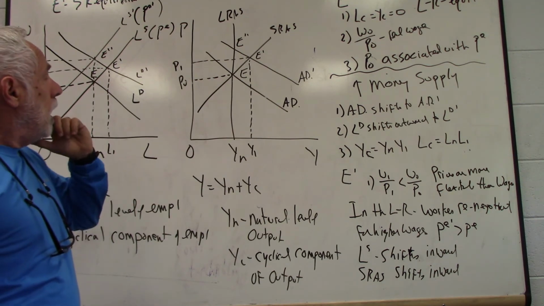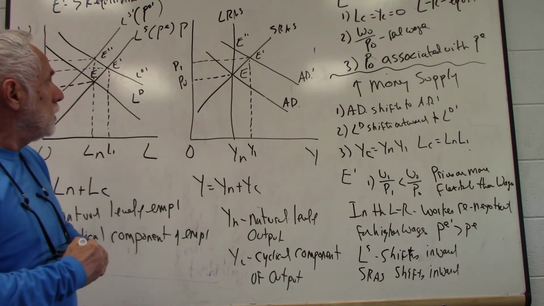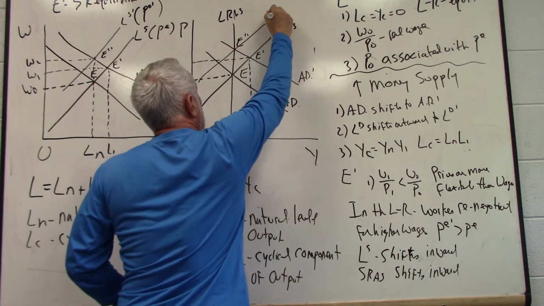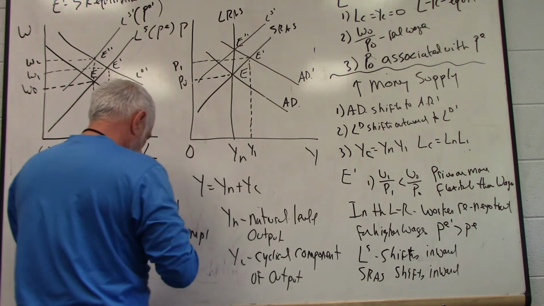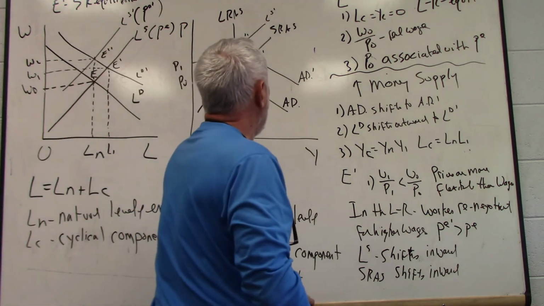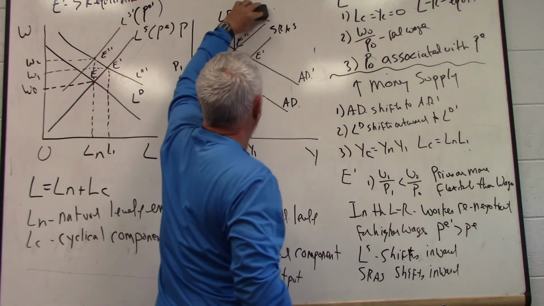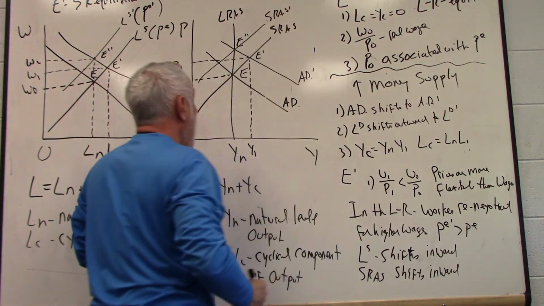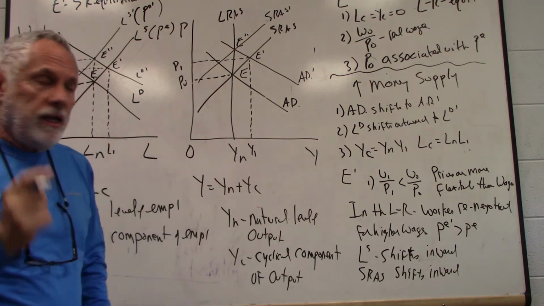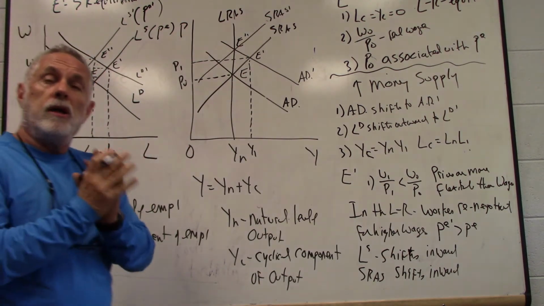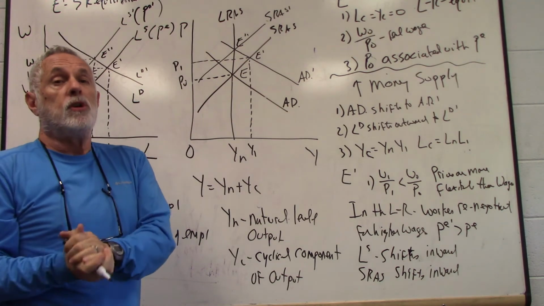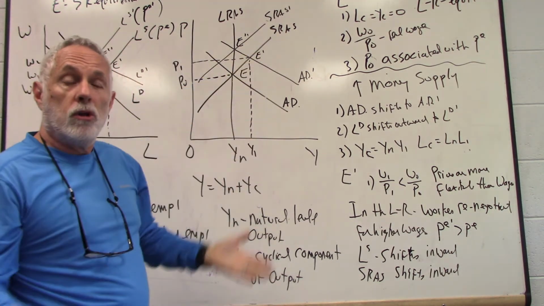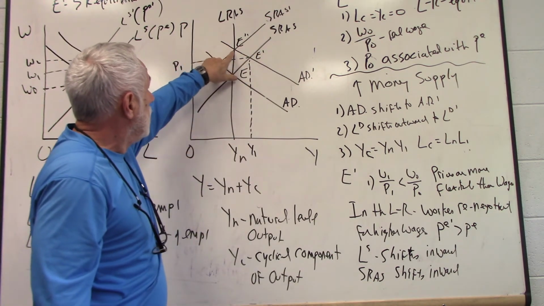As the cost of production rises, the short-run aggregate supply schedule shifts upward and inward. The reason is that workers demanded higher wages, so the cost of production for firms goes up, and as costs increase, this supply curve, just like all supply curves, shifts upward and inward to E double prime right there.